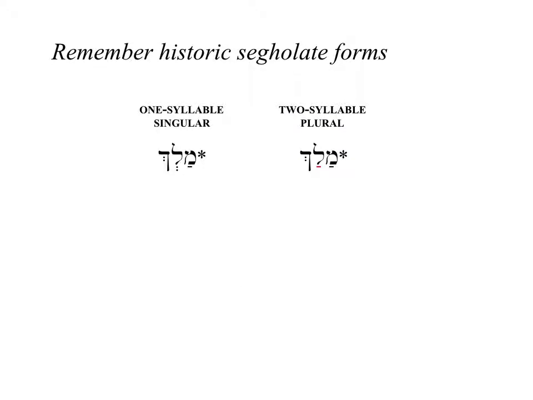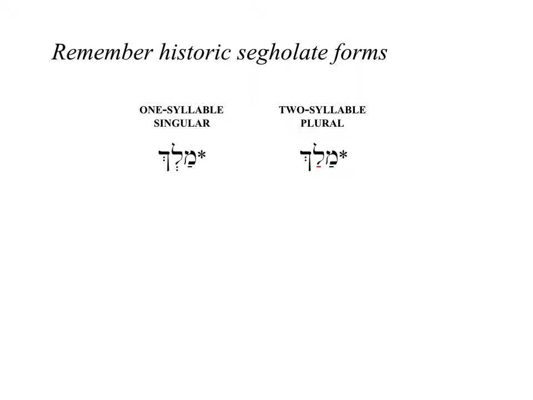Now, as you complete this exercise, you will be given a couple examples using seglet nouns. Remember, we talked about the fact that these have a different historic base. So as you go back to the historic form, make sure that you remember a singular seglet noun has one syllable. A plural seglet noun has two syllables.